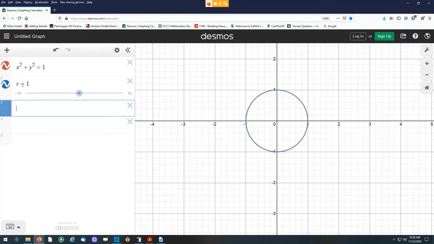Now I can also do this: parentheses, and then cosine theta, comma, sine theta. That's supposed to be a parenthesis here. Parentheses only come in pairs, so let me delete it and try that again. Cosine theta, comma, sine theta. It must have something.